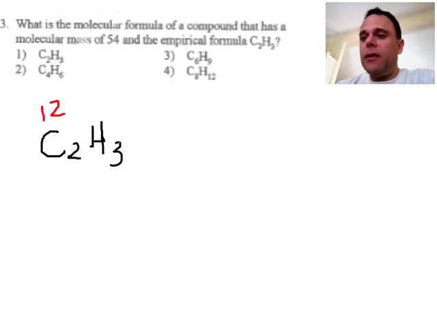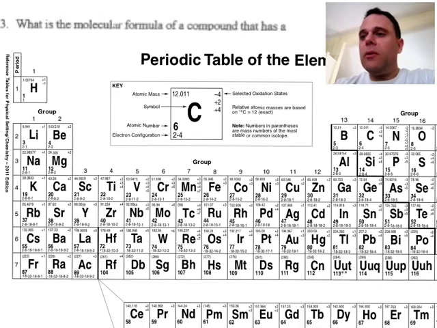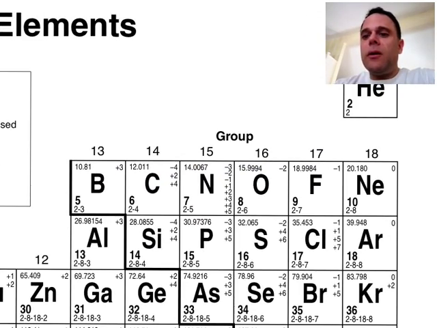How do we know that? Well, we take a look at our periodic table. We see that carbon right here. There we go. One carbon atom has a mass of 12.011 AMUs. But we're not talking about the realm of one atom.